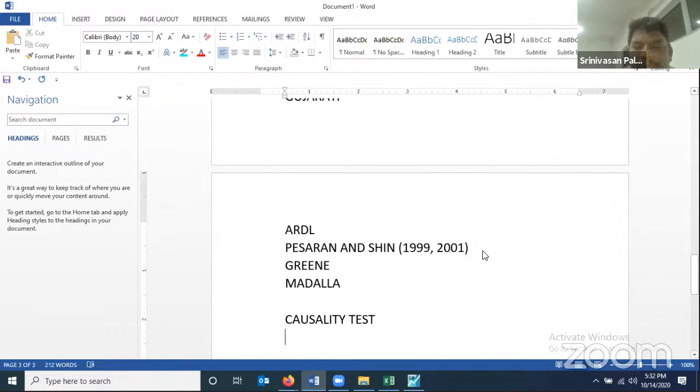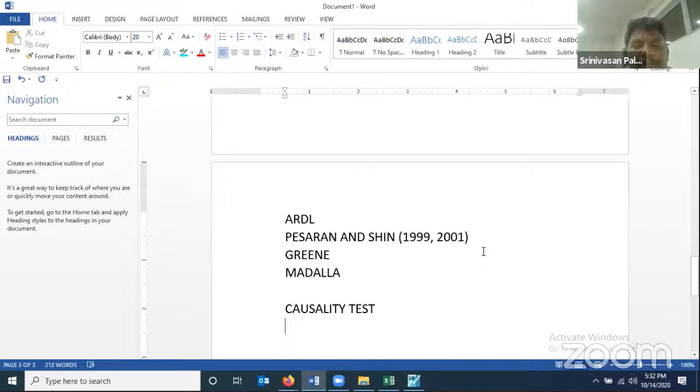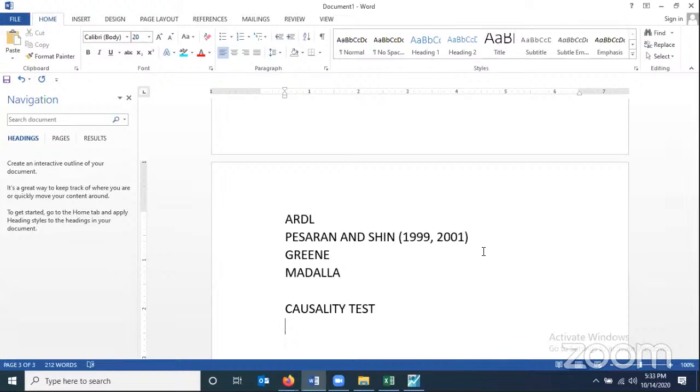Now we'll move to the next topic. This is very important. We'll go for the causality test. What is the causality test? Most of your PhDs are based on this causality test. There are many causality tests: Sims, Granger causality, error correction model.